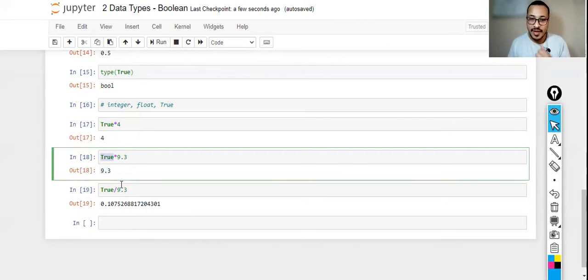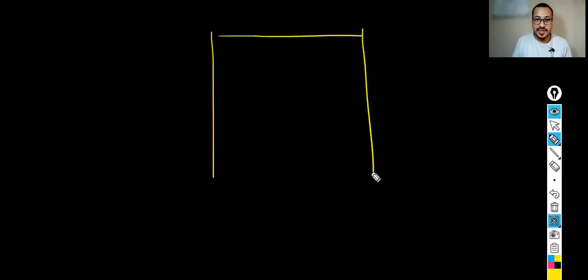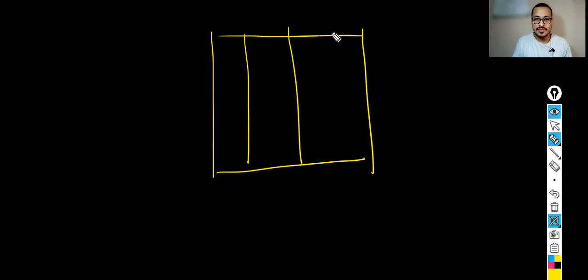Suppose we have a data frame like this. When I say data frame, I mean it's a spreadsheet. Okay, it's a table, all right? And there are a lot of columns here, and one of the columns is salary. A lot of salaries are there.